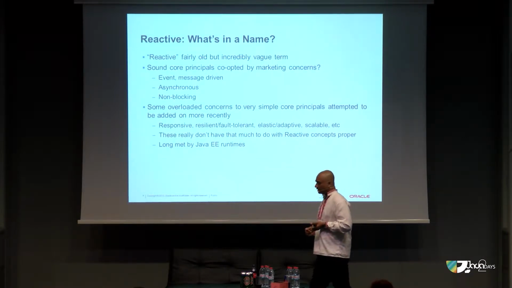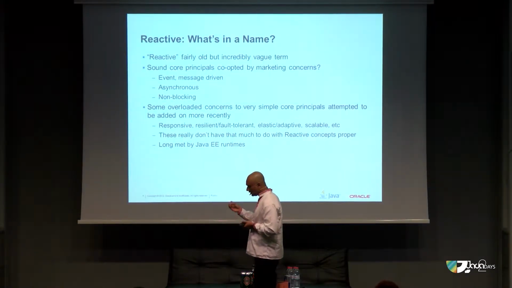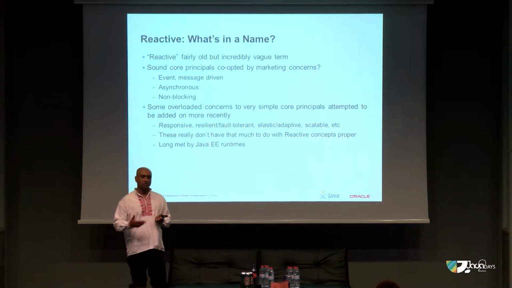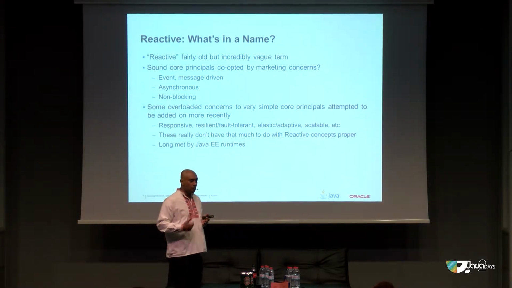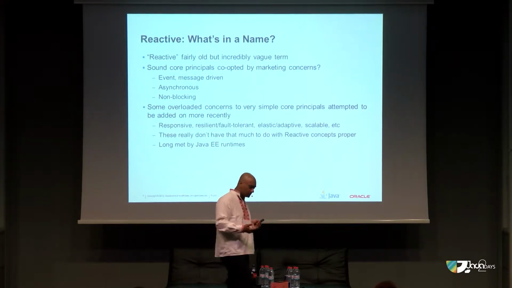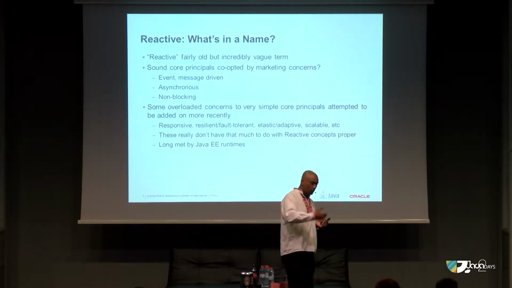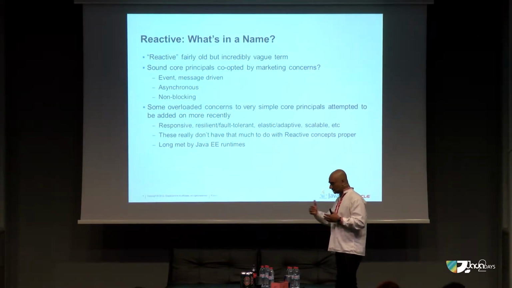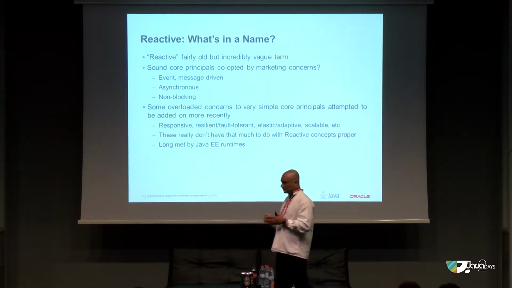And lastly, another important concept that's very common to the reactive nomenclature is non-blocking. What this means is that you make an attempt to not block your current thread in some way or the other. The reality is you cannot write a completely non-blocking application.